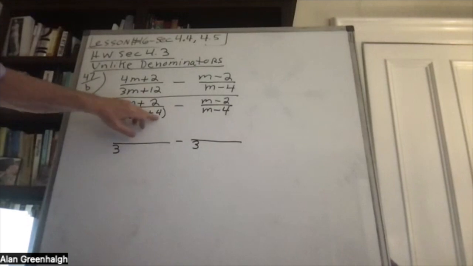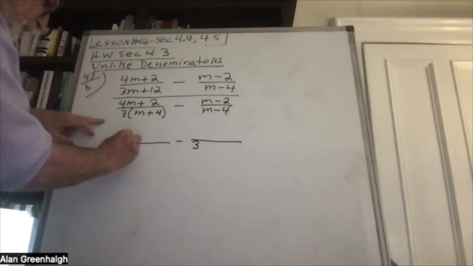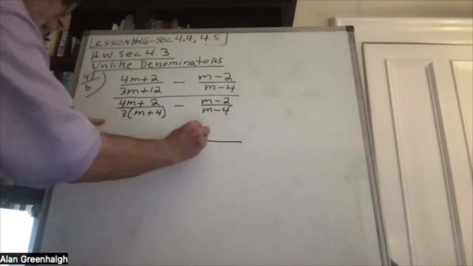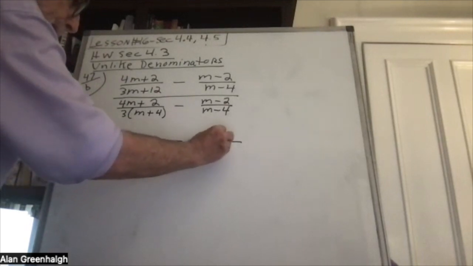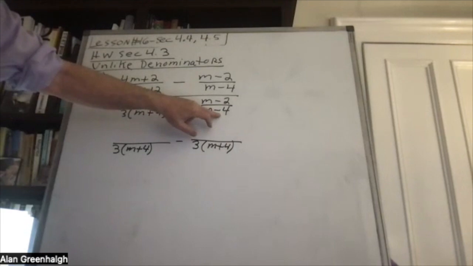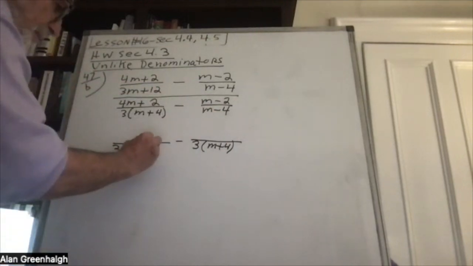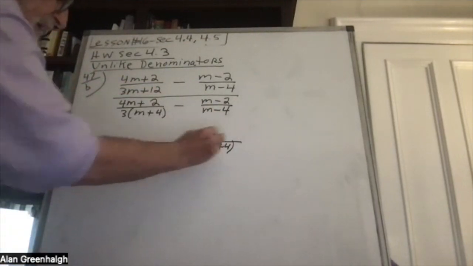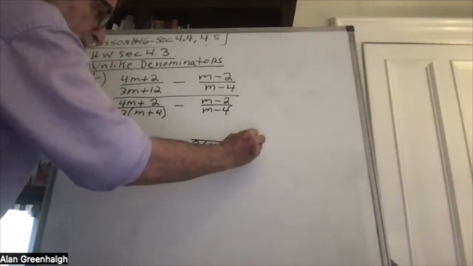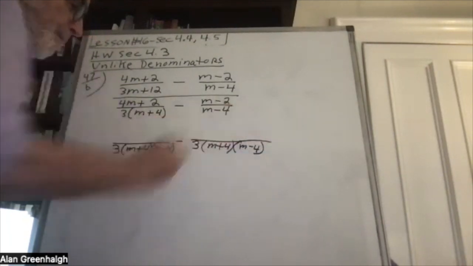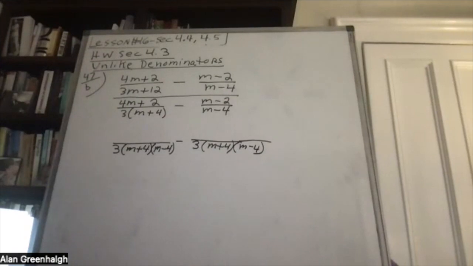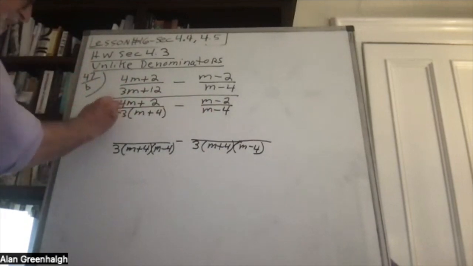If there's an m plus 4 here, the least common denominator must have an m plus 4. If there's an m minus 4 over there, the least common denominator must have an m minus 4. Is that clear? I think that's the most important part of the problem, looking at the denominators, creating the least common denominator.